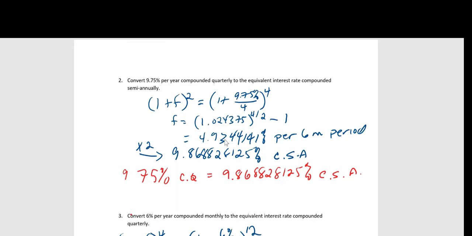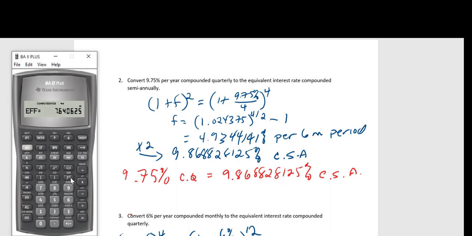Solving for F, we get 4.9344141% per 6-month period. Multiply by 2 to get 9.868828125% compounded semi-annually. This is the nominal interest rate. So 9.75% compounded quarterly is equal to 9.868828125% compounded semi-annually.